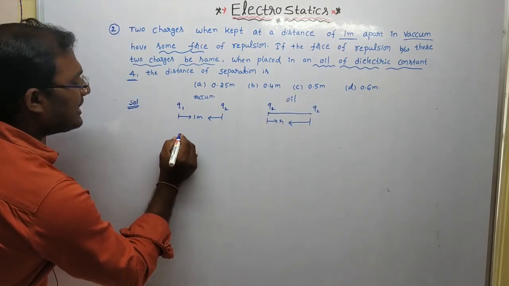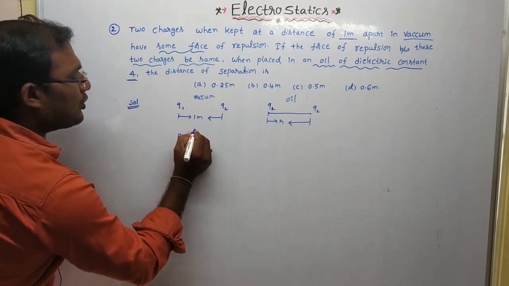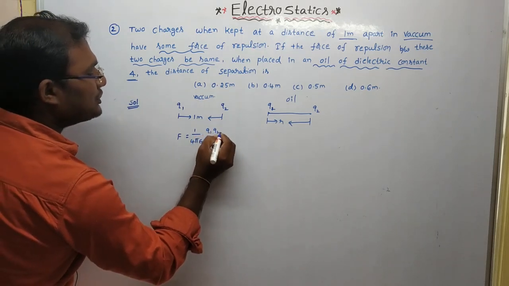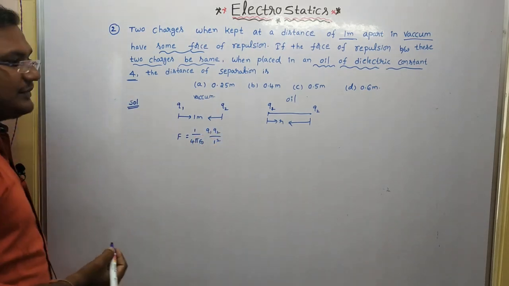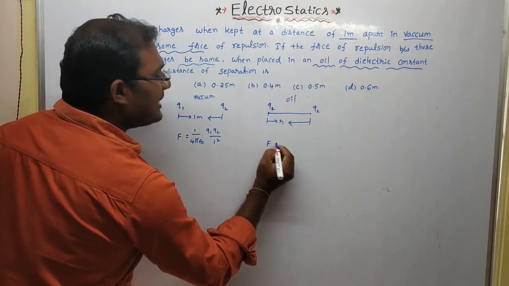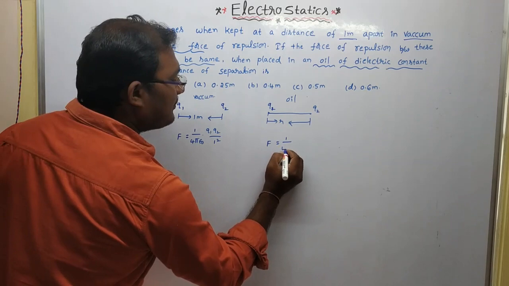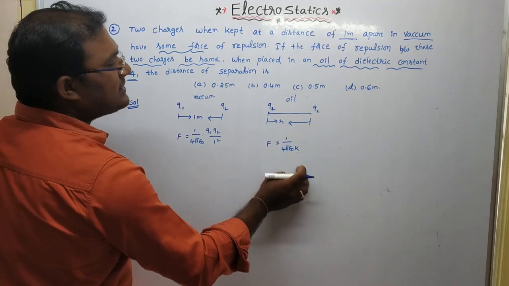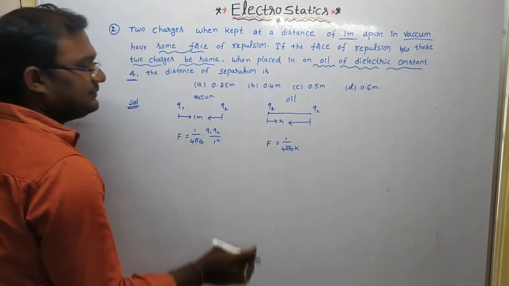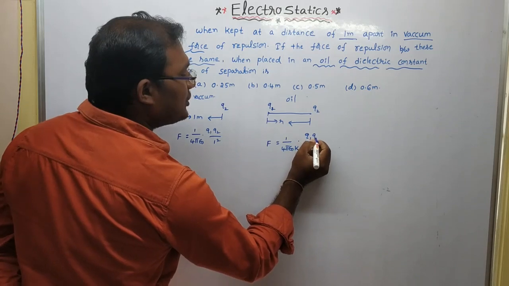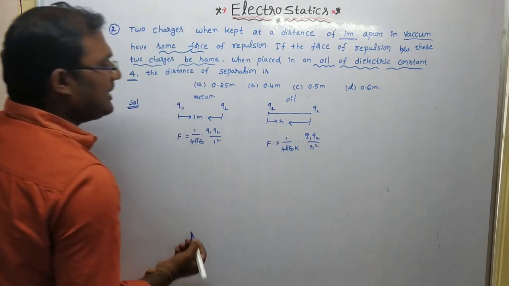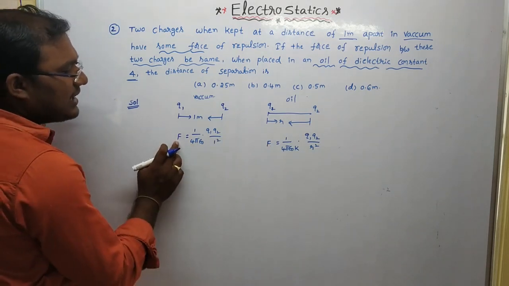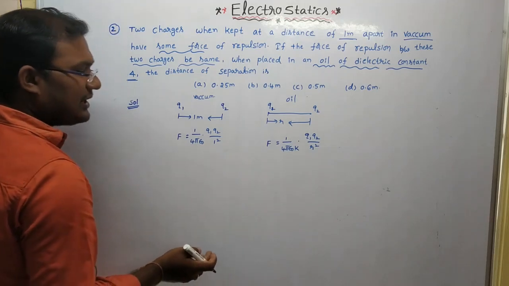Therefore, in vacuum the force F equals 1 by 4 pi epsilon naught Q1 Q2 by 1 square. In oil, the force F equals 1 by 4 pi epsilon naught K Q1 Q2 by R square. Why? Because we introduced K, the dielectric constant. In these two situations F is the same, LHS are equal, so RHS are also equal.